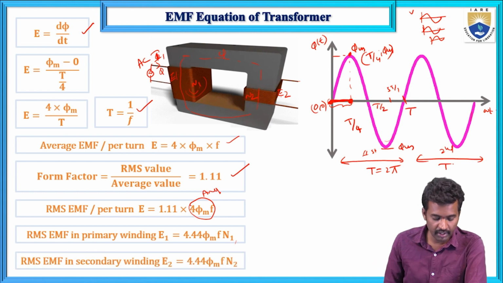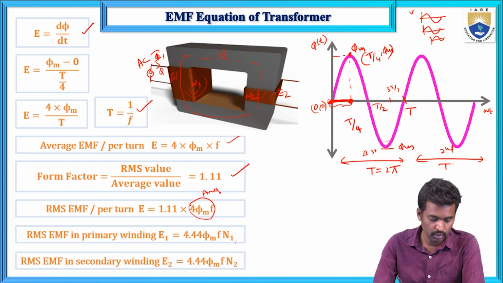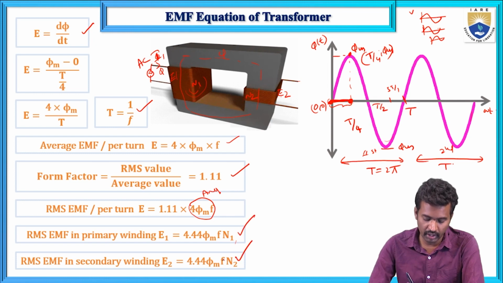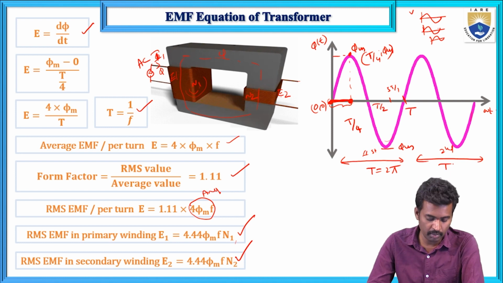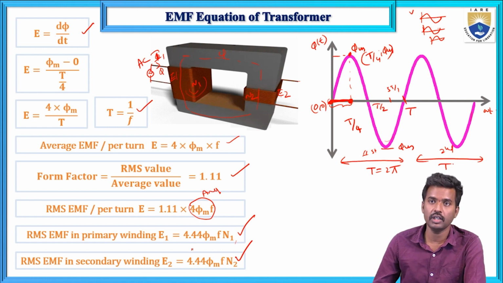For the secondary winding, the RMS EMF E2 equals 4.44 phi m f N2. The only difference is N1 and N2. Depending on the number of turns in the primary winding and secondary winding, the induced EMF value will change. If it is N1, that is E1, and if it is N2, that is E2.